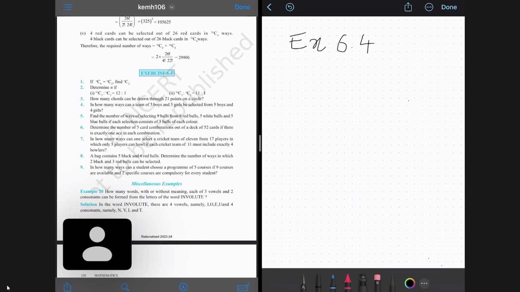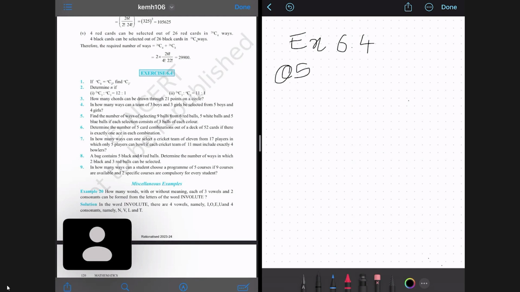In question number 5, we have to find the number of ways of selecting 9 balls from 6 red balls, 5 white balls, and 5 blue balls if each selection consists of 3 balls of each color. So this is just an extrapolation of the previous question wherein we had to select 3 boys from 5 boys and 3 girls from 4 girls.